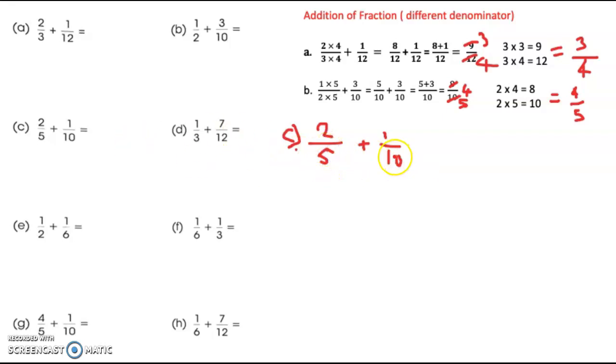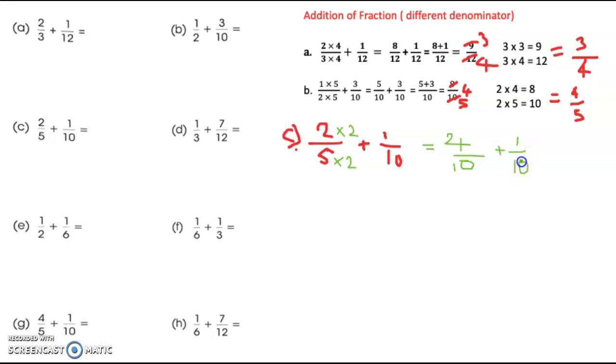Yes, 10 is a multiple of 5 because 5 times 2 gives 10. Therefore I have to multiply the numerator also by the same number. So now I get an equivalent fraction of 4 over 10. Then I will bring down the other fraction as it is, which is 1 over 10.